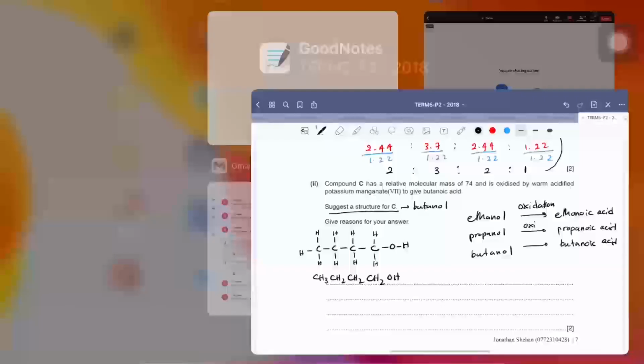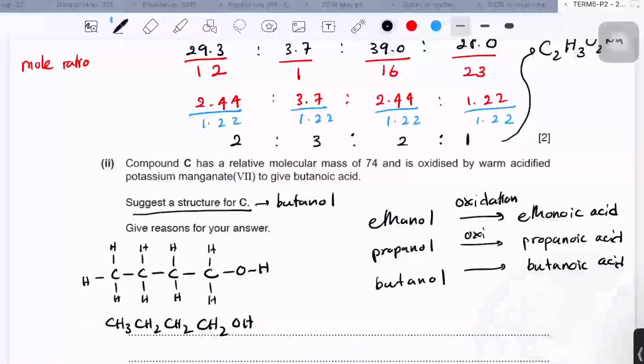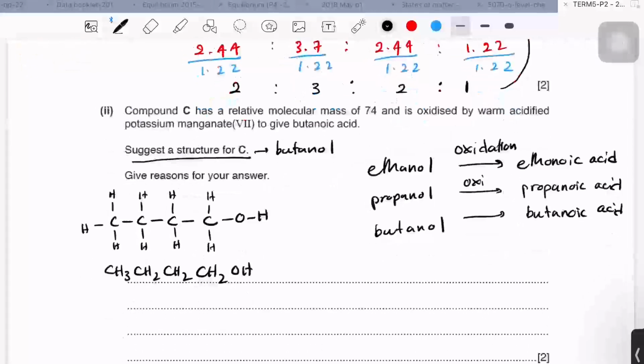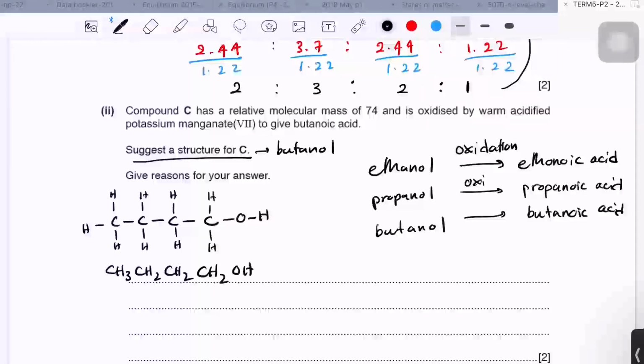You can use the mass also to confirm, but that would be only if they give the mass. They have given the molar mass, but you don't need that specifically to find out. You can double check with the molar mass.